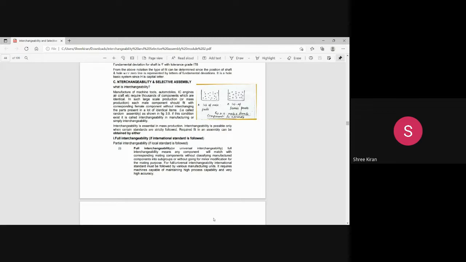In the case of interchangeability and selective assembly, what happens is the manufacture of machine tools, in the case of automobiles, IC engines, aircraft, etc. So mainly it is a manufacturing aspect where the manufacturing of machine tools happens.